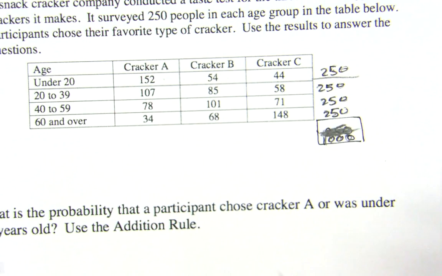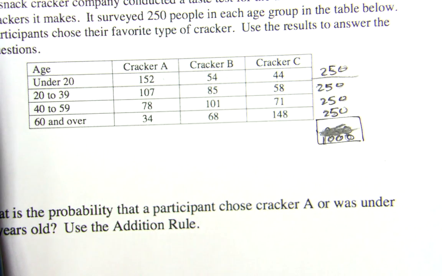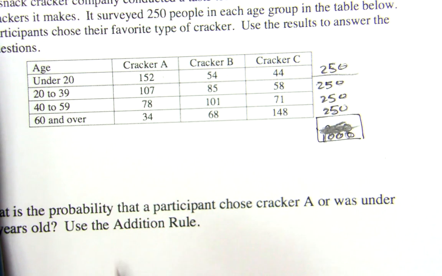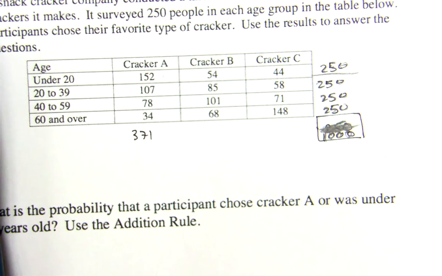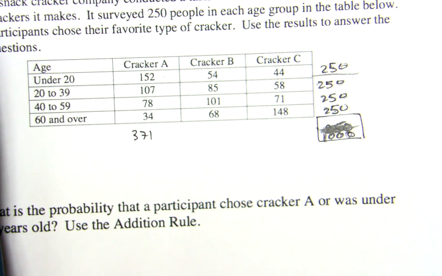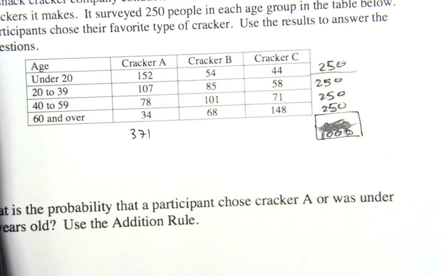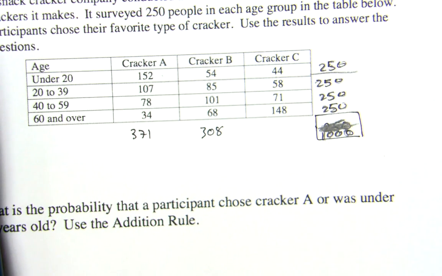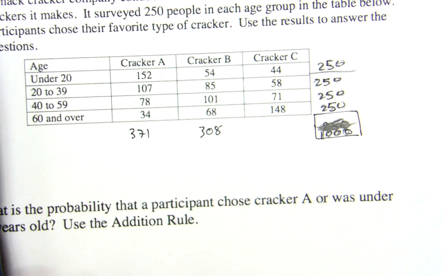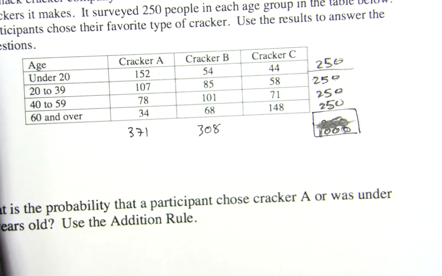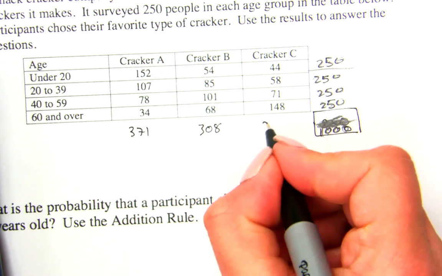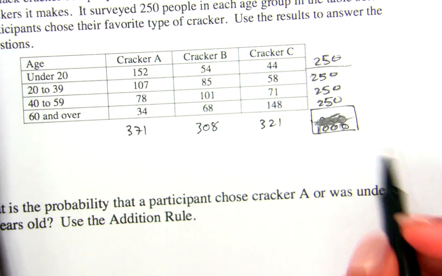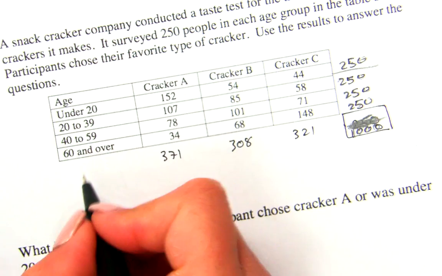And then we want to know how many cracker A, how many cracker B, how many cracker C. So 152 plus 107 plus 78 plus 34 is 371 people preferred cracker A. 54 plus 85 plus 101 plus 68: 308 people would like cracker B. 44 plus 58 plus 71 plus 148. So that's 321 plus 308 plus 371 should give you 1,000. Okay, perfect. Okay, so totals.